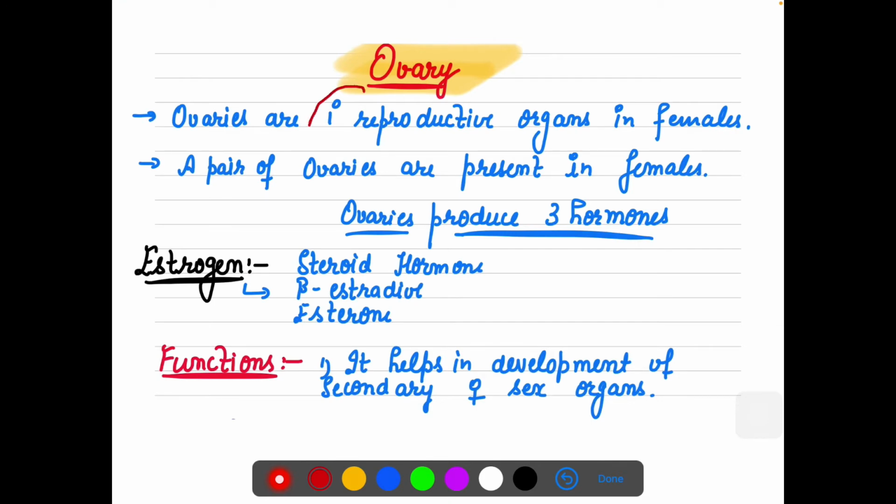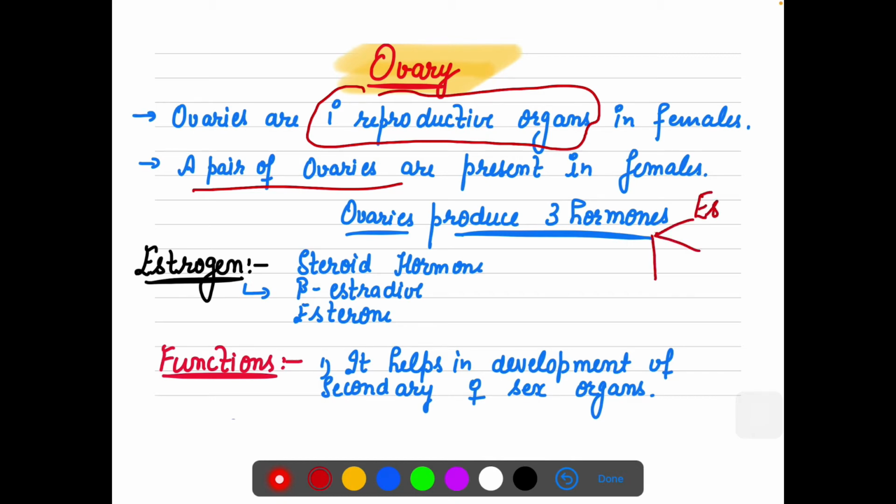Ovaries, they are the primary reproductive organs in females, and they are also present in pairs. They usually produce three hormones, that is the estrogen, progesterone, and relaxin.